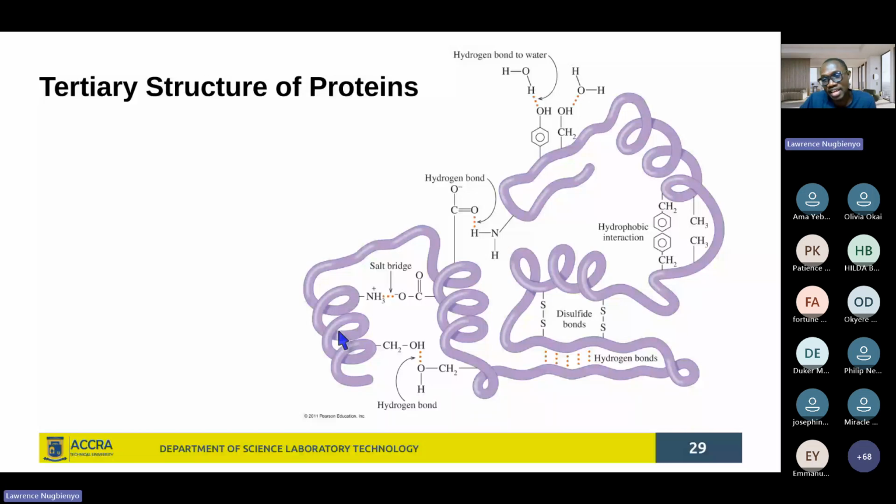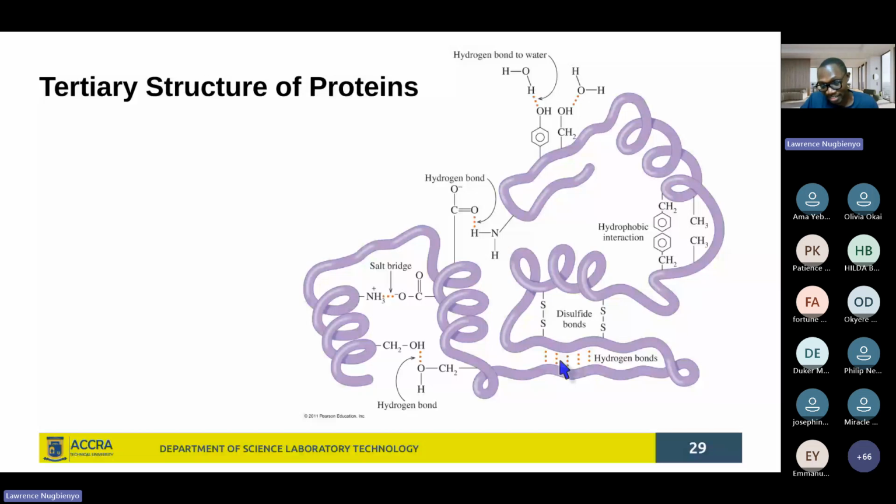And this is being depicted here, such that if you take, say, the sides that are ribbon-like, these sides are depicting the alpha helix which we saw. And we even see a protein strand that is folded anti-parallel to each other, and we are seeing some hydrogen bonds between them. This is to depict the beta sheets that we saw.